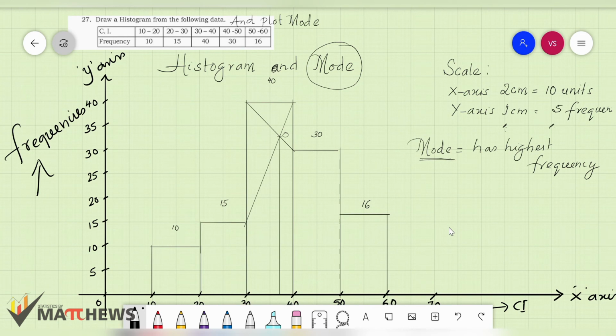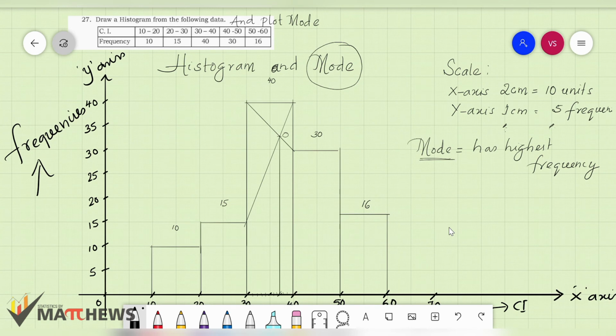If this is 35, students, this is 36; 30, 31, 32, 33, 34, 35, 36, 37, 37.5, it may be 38, 39.